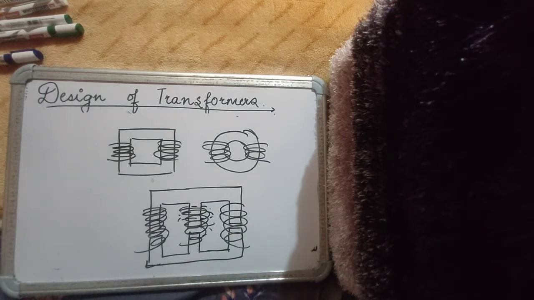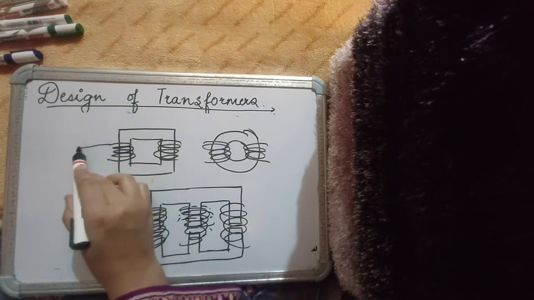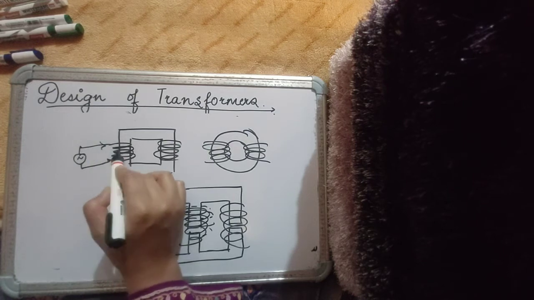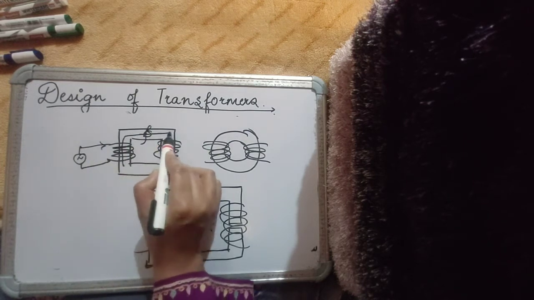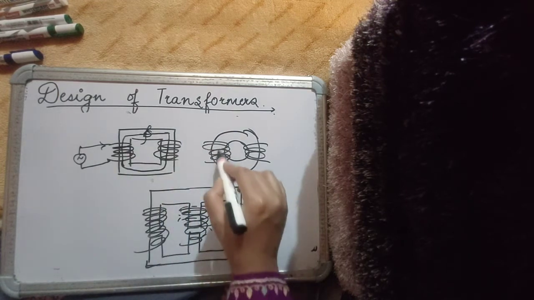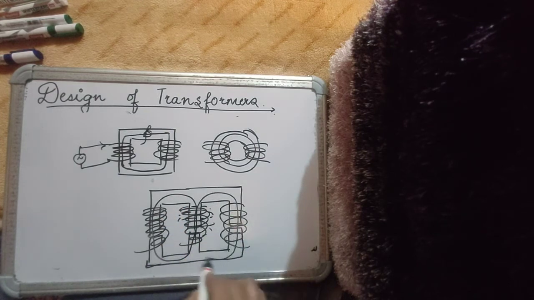The only thing we are basically concerned with is that whenever I excite the primary with some electrical source and a current begins to flow, it establishes a flux in the core. The flux path should be such that it links the second winding as well. So that is our only constraint while designing transformer cores.